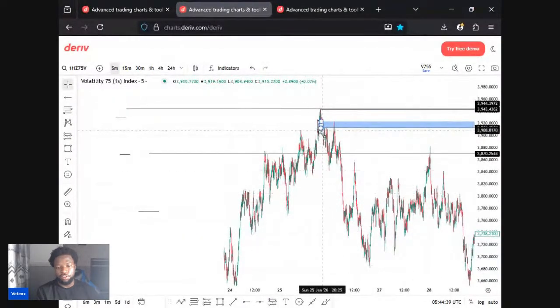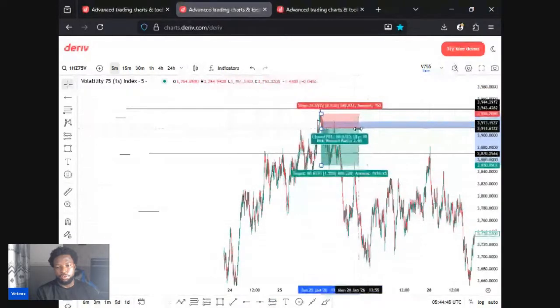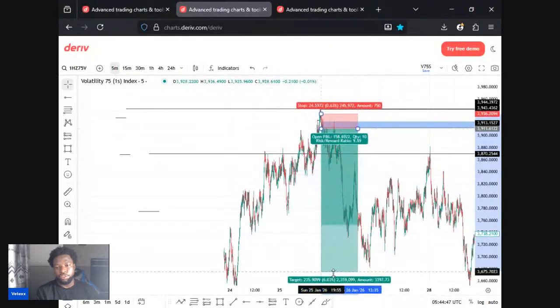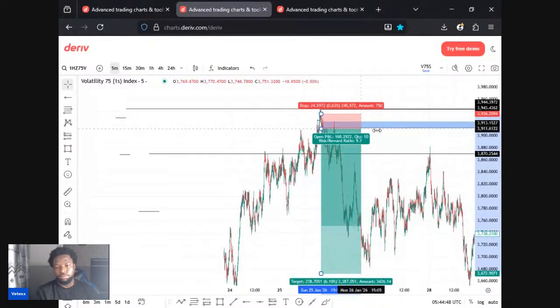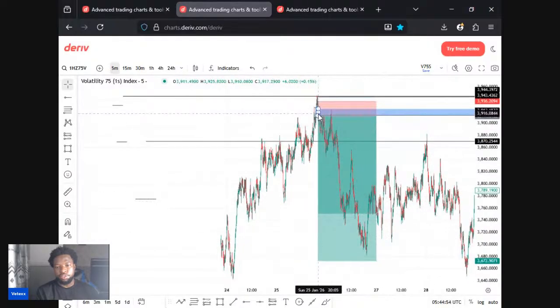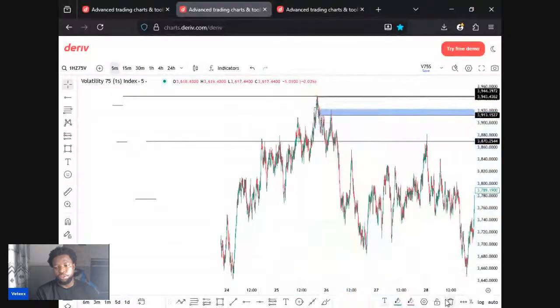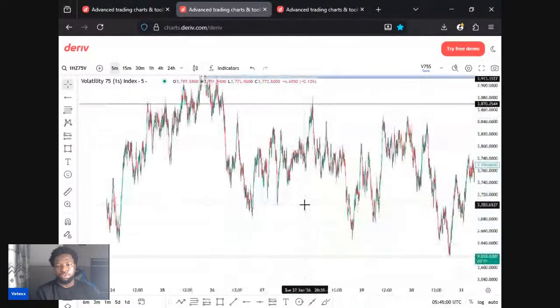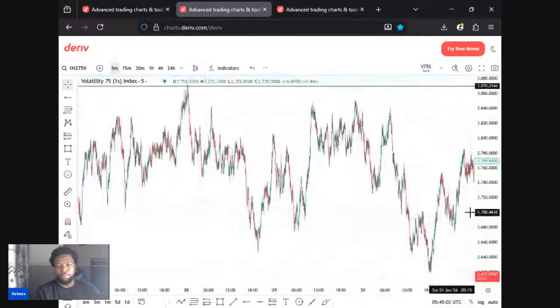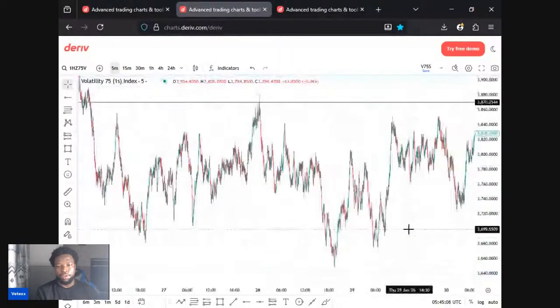So this is what we had then. Immediately price confirm its move and then smashes the target. So this is what we had on this 75. Then something happened again. We had another buy.